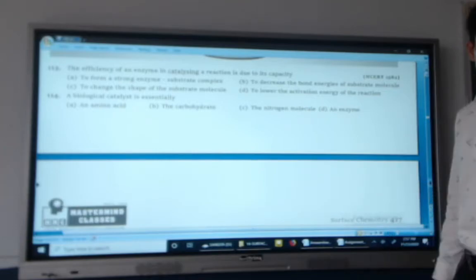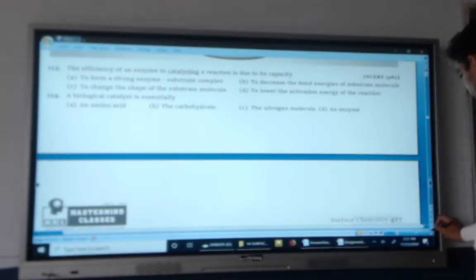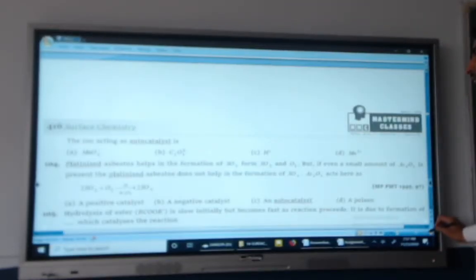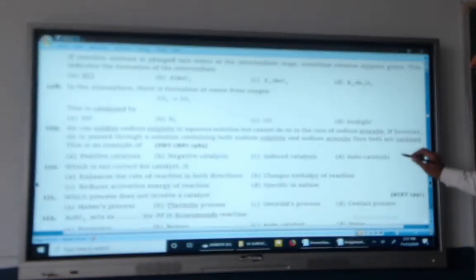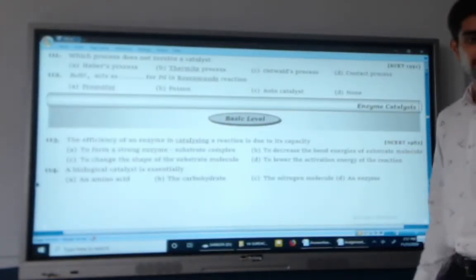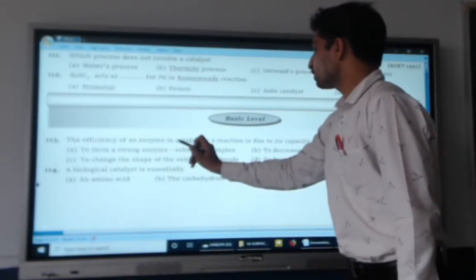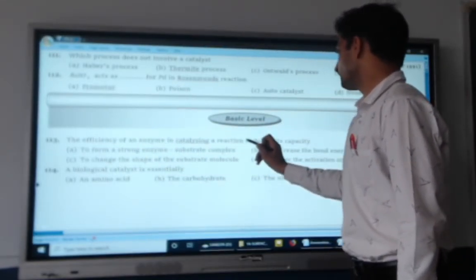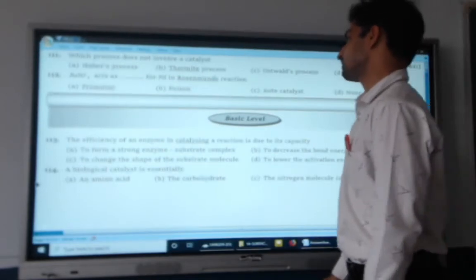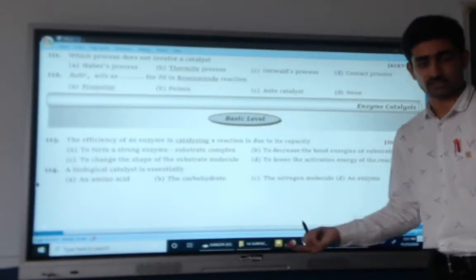So the question is, let me zoom in. The efficiency of an enzyme in catalyzing a reaction is due to its capacity to form enzyme-substrate complex. That is correct.